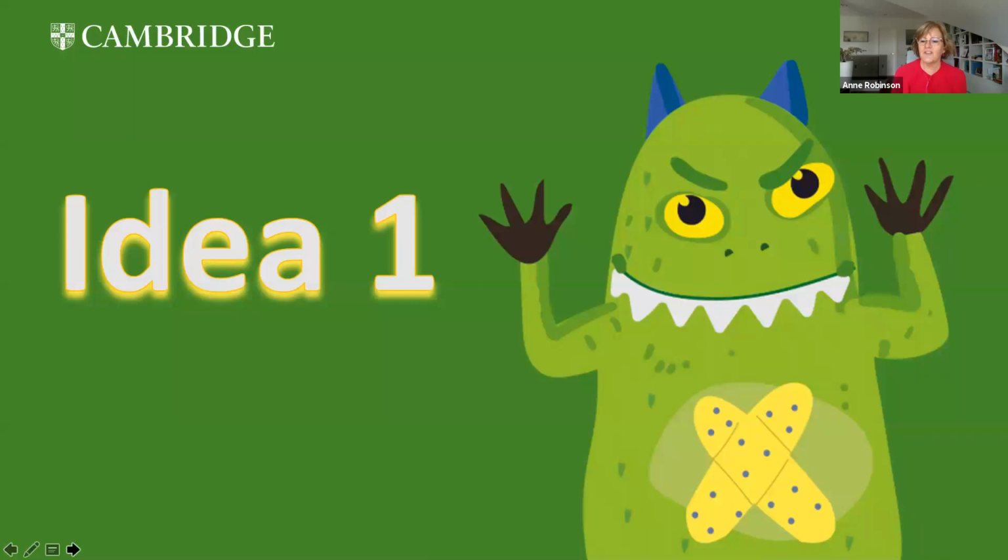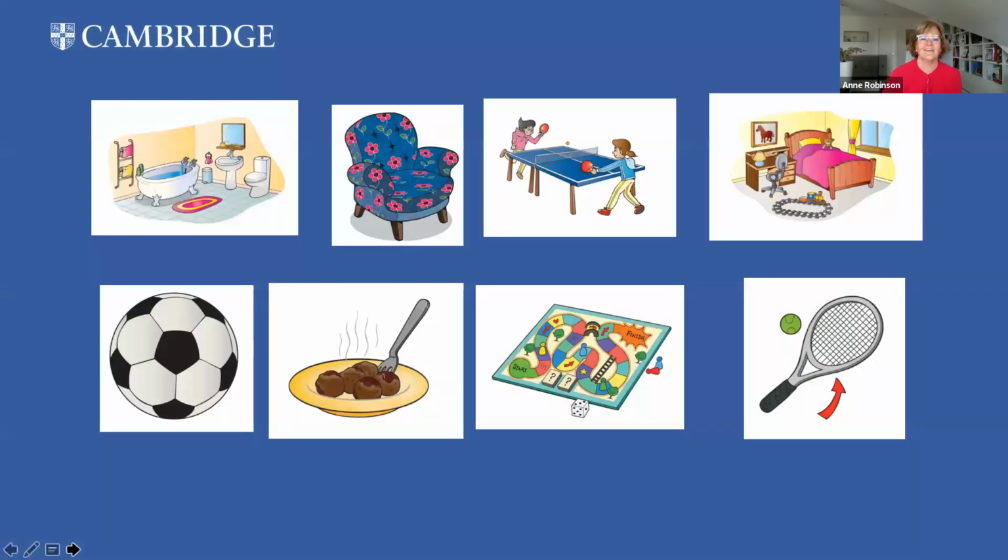Okay, it's not a thematic, it's not a topic connection. It could be. It's a grammatical connection. So what could the grammatical connection be amongst those 8 words? Okay, and it's nouns. So look at the pictures again.